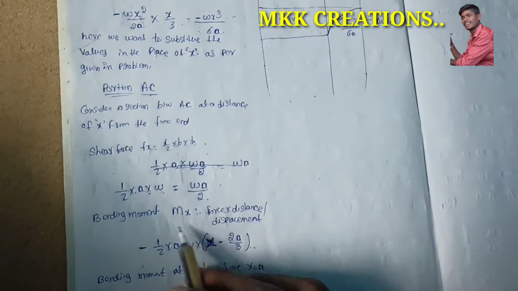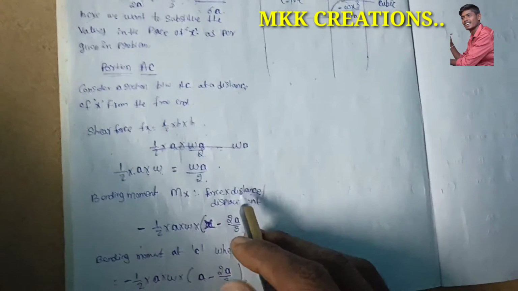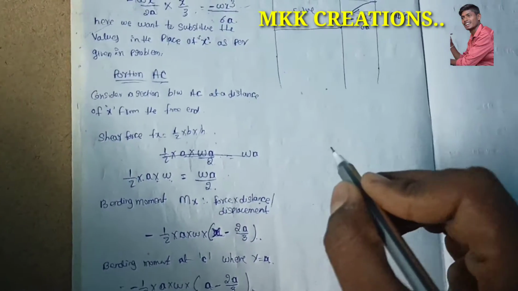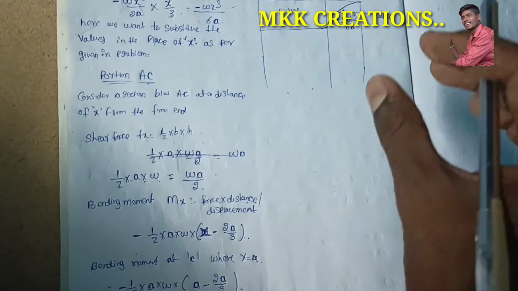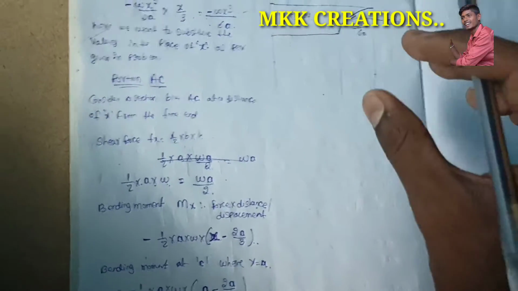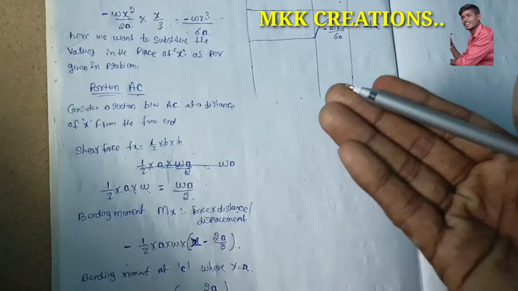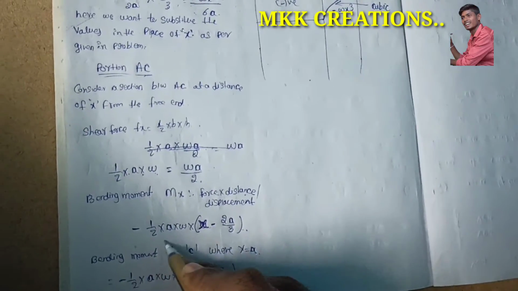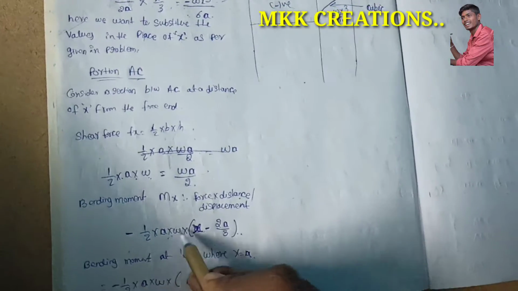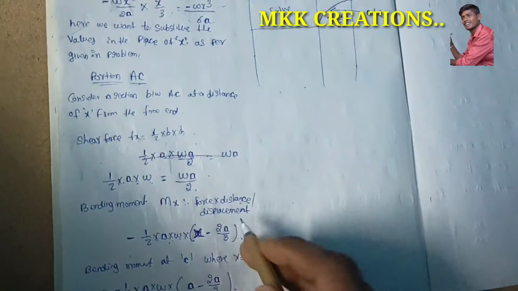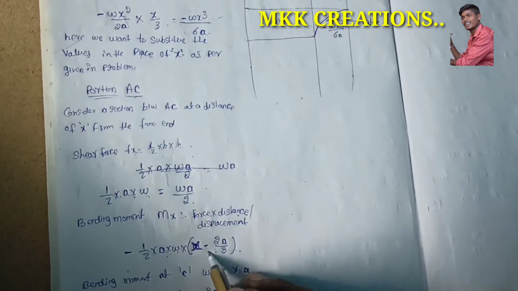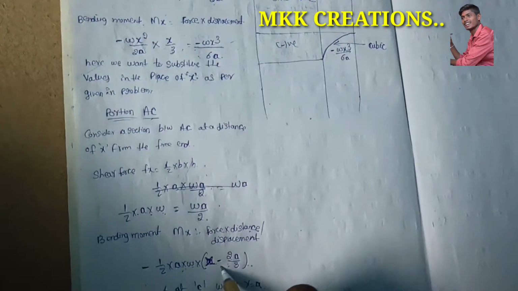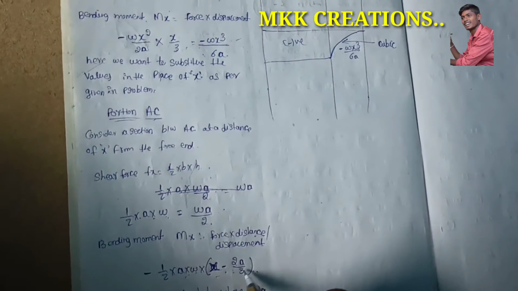Next, bending moment. Likewise, force into displacement. What is the bending moment time? At that time we use a minus sign. In shear force we do not use any minus sign. It is positive, because all that we studied in the theory part. So next, bending moment is minus half into base is what? A into W, that is already known. Next, x is what? Distance. That means displacement. So x minus 2a by 3.